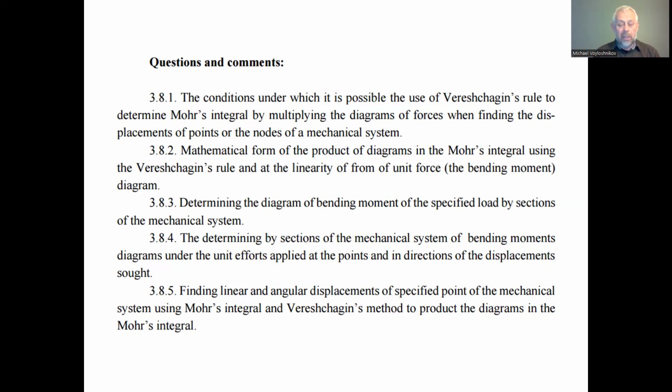3.8.3. Determine the bending moment diagram of the specified lowered sections of the mechanical system. Sometimes, if we have curvilinear diagrams, we can simplify. Usually these are diagrams of bending moment under the action of an external load, maybe a distributed load.